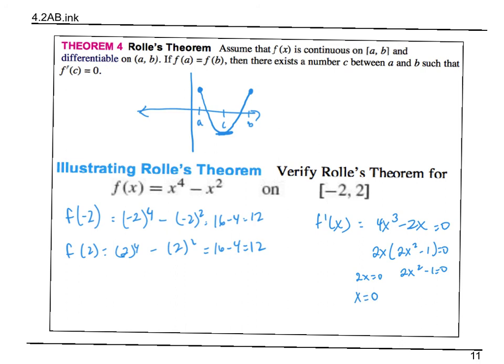So x equals 0. There's one of them. And there's actually 2 more, right? Plus and minus the square root of a half. So that's just showing that, of course, these zeros did exist. Only one of them had to exist, but there happened to be 3. And that's it for 4.2.